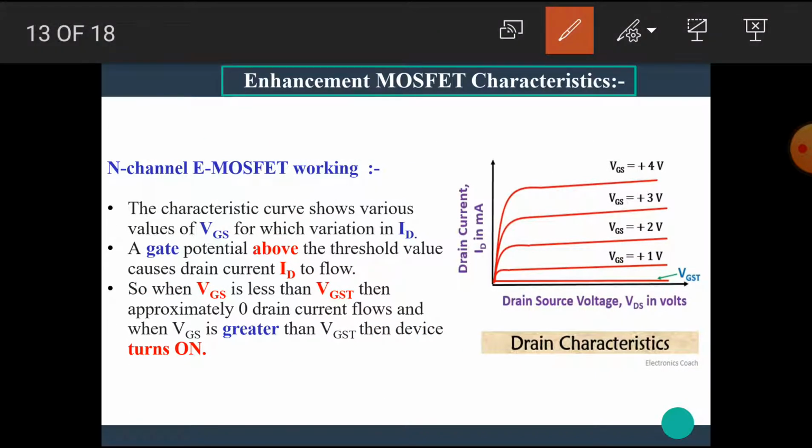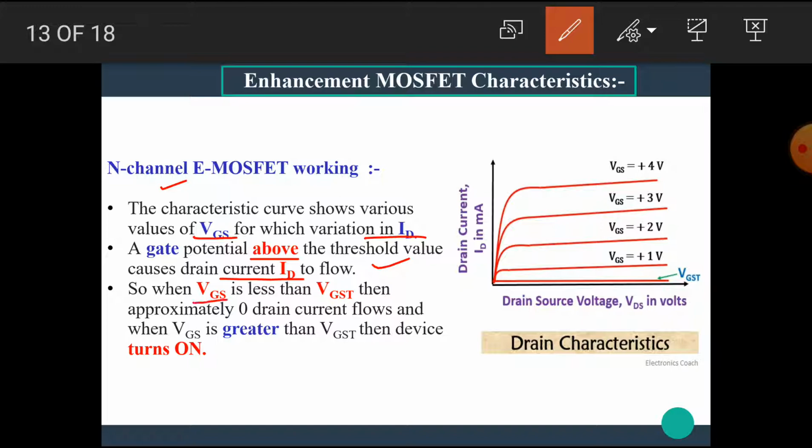Let's see the characteristics of the enhancement MOSFET, the N channel E MOSFET. The characteristic curve shows the variation in ID for various values of VGS. A gate potential above the threshold value causes the drain current ID to flow.